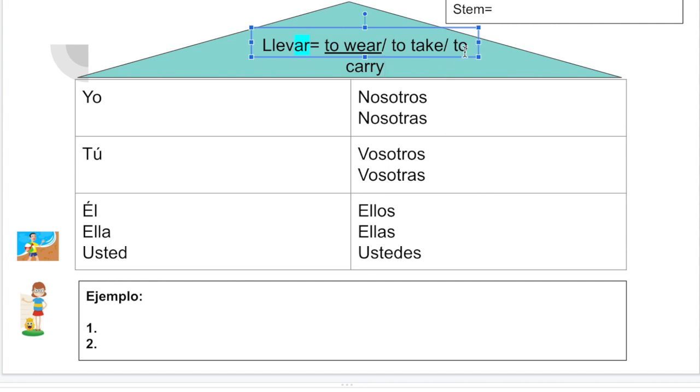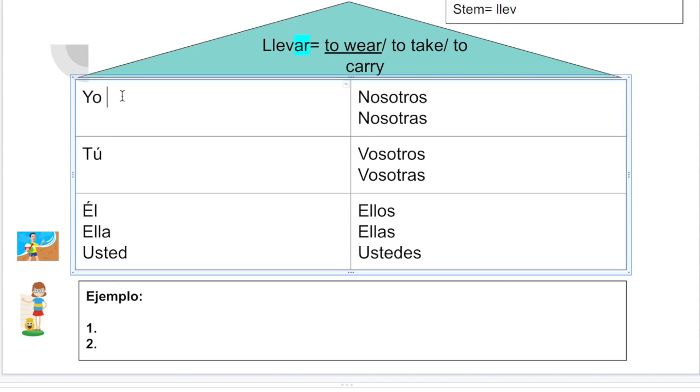Same thing. The stem in this one, although it has an E, it doesn't change. So that's why in Spanish it's so important to know when these verbs have to be changed or we have to add an I before an E. In this case, we don't need to.